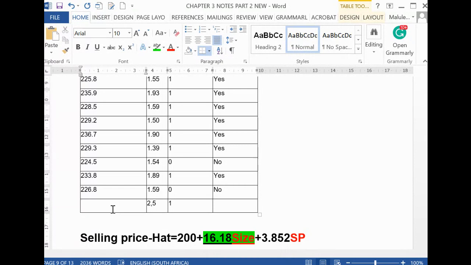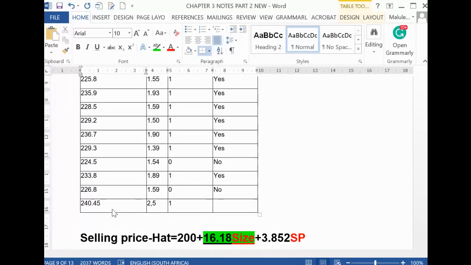Sir, is 2.5 the size? Yes, it's the size. Okay. So this house is going to cost 240.45. Convert this to thousands, it will be what? Give me the exact 240.45.